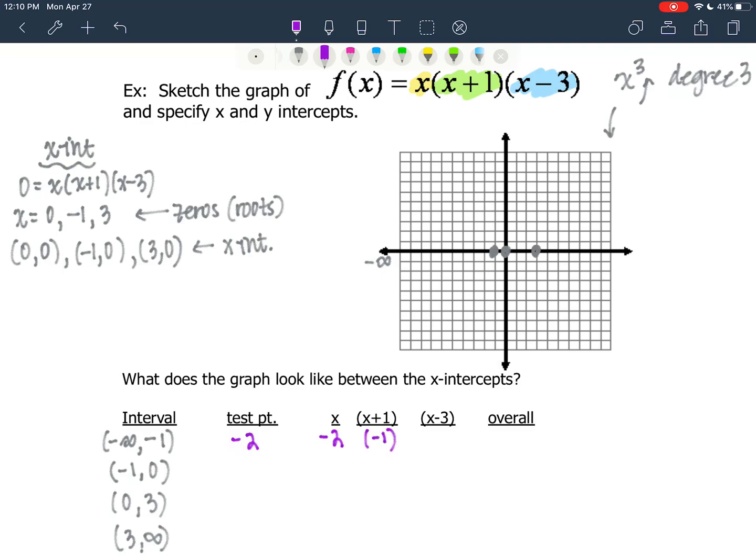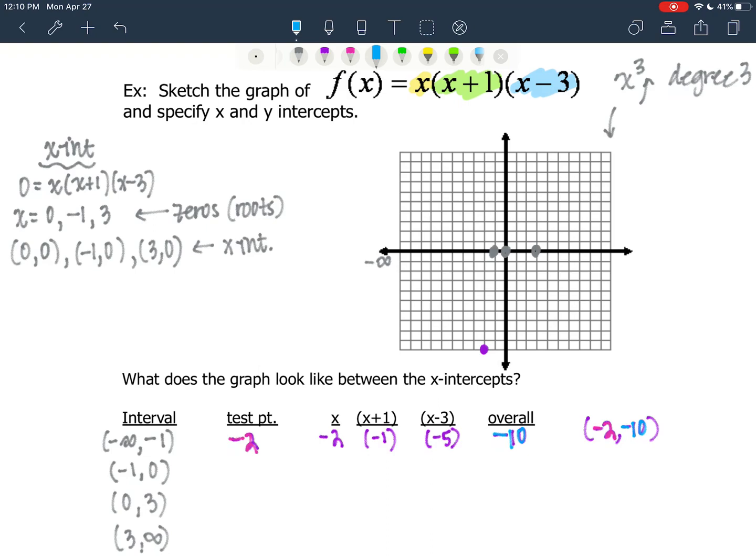And -2 minus 3 is -5. So overall, I have a negative times a negative times a negative, which is a negative, and then multiply 2 times 1 times 5, and I get 10. So when I put a -2 in, I get -10 out. So (-2, -10). Let me show you. That's my -2, and here's my -10 overall. So you can see where those numbers are coming from.